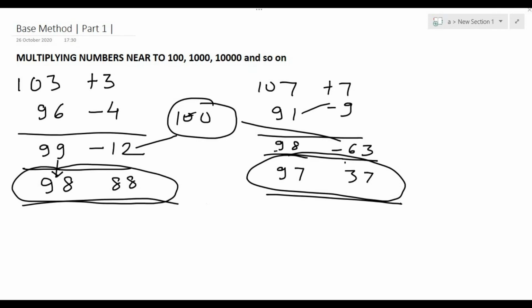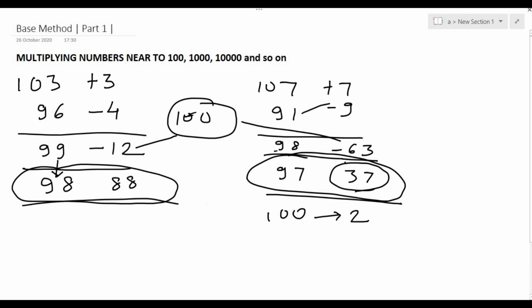The calculations will go the same way for 1000, 10,000 and so on. The one thing that we need to take care of is that the right-hand side, when we multiply with 100, has two digits.